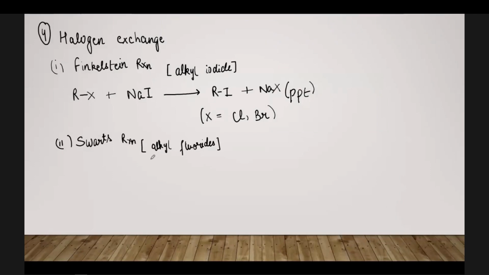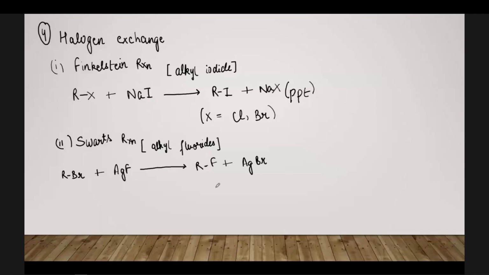Okay, so this is also a simple reaction. We take the bromide, we get RF plus AgBr.